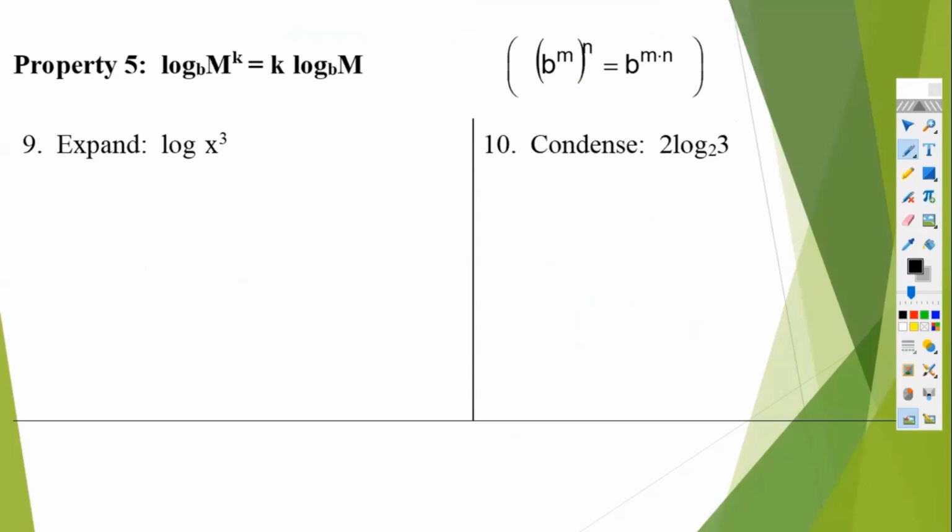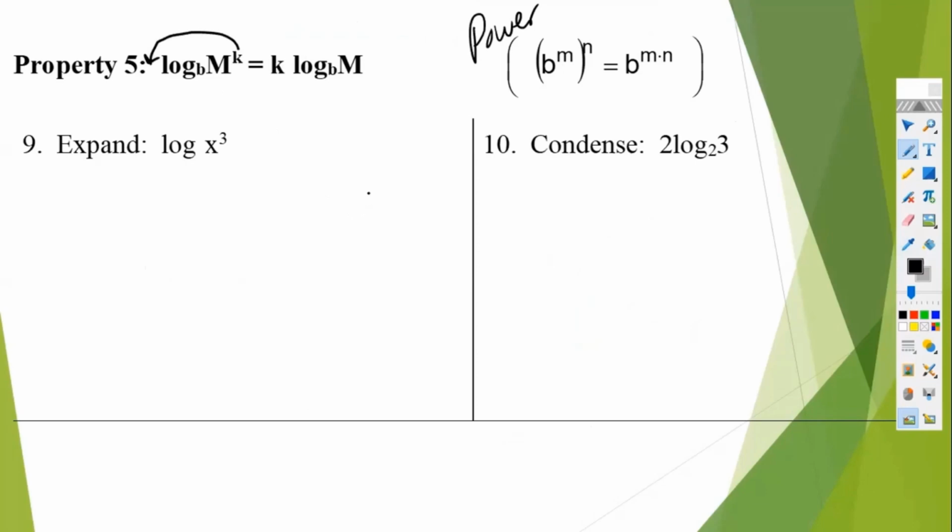Our last property is property 5. It's called our power property. So looking back at exponents, when you have an exponent with a power, you multiply, right? Logs work the same, except you're going to be multiplying that log, which means that the power becomes a coefficient.